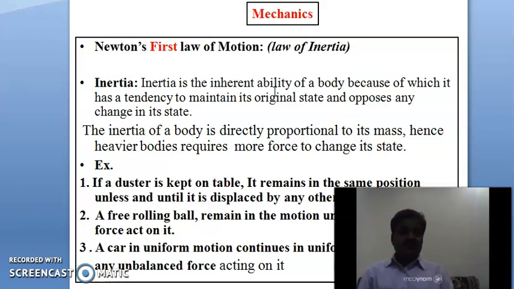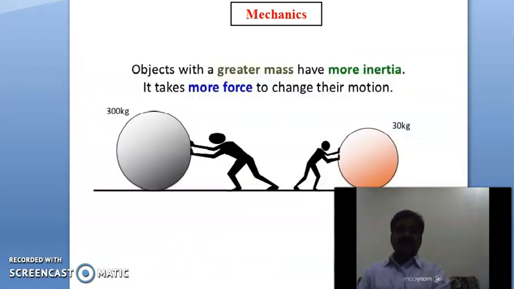The inertia of a body is surely proportional to its mass. Hence, heavier bodies require more force to change their state, which we have seen in this figure. A heavier body requires more force to change its position because of its more inertia. I mean, a heavier body possesses more inertia.